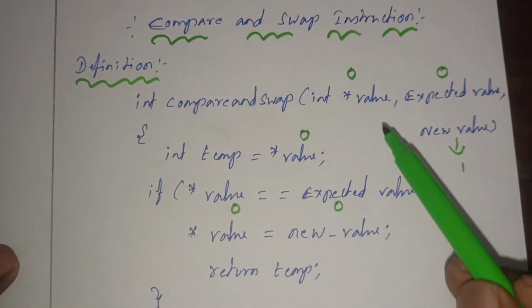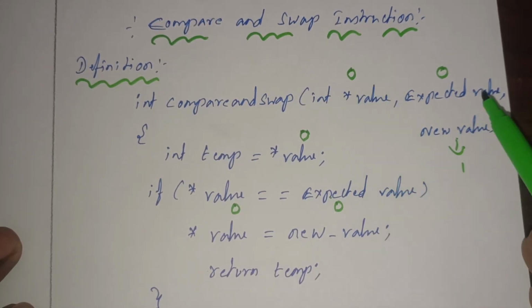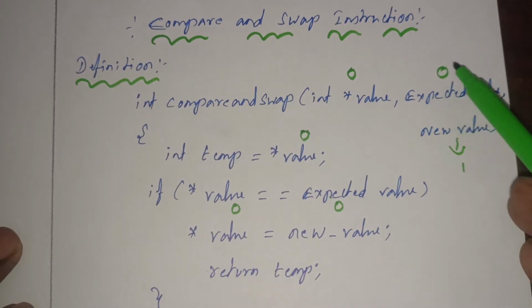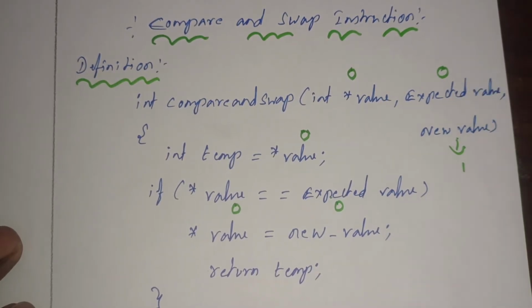As I mentioned, 0 means the critical section is empty. The expected value means the process waiting outside will always have the expected value as 0. That means I'm looking for a free slot, so the critical section should be free.